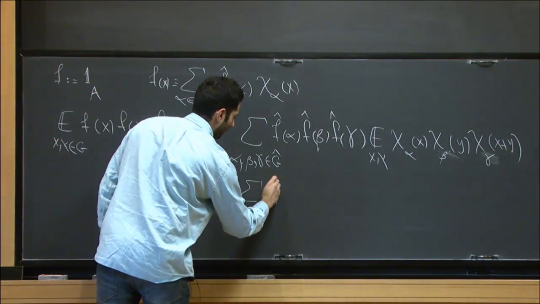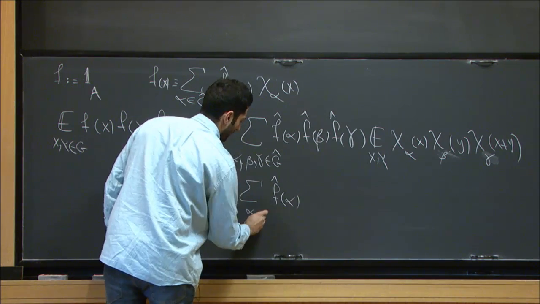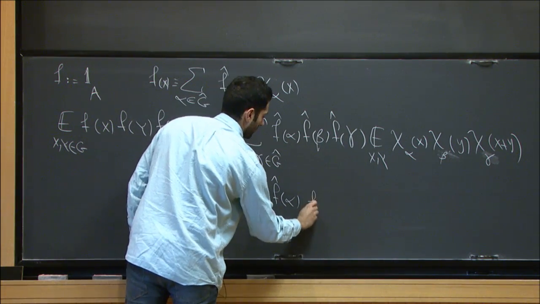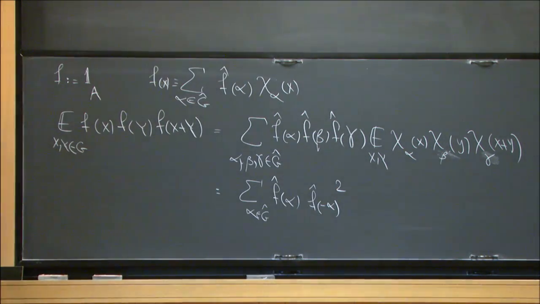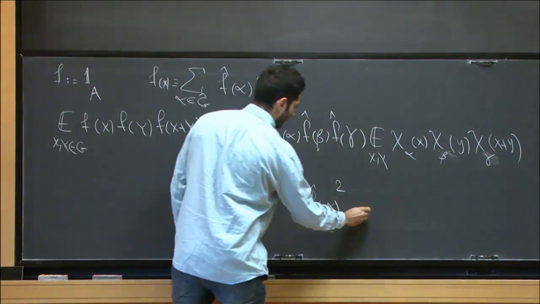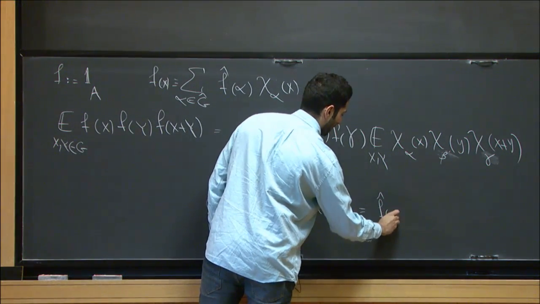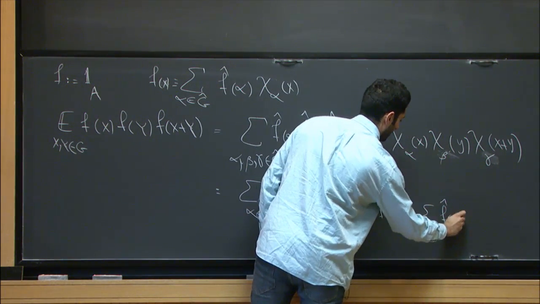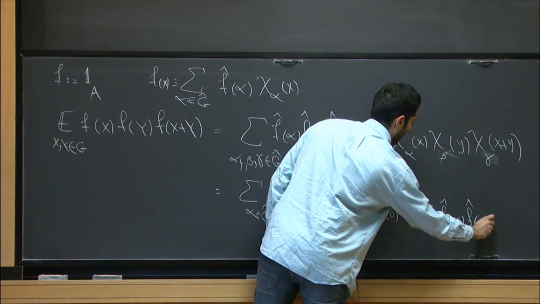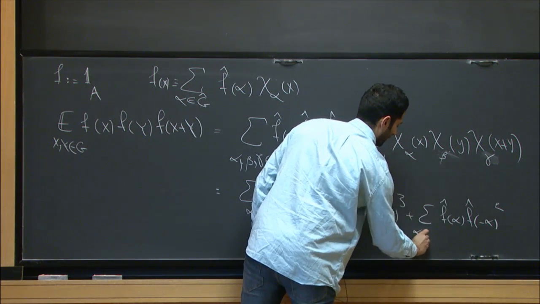So this is really the sum over alpha of f hat of alpha times f hat of alpha squared, and this can be written as f hat of 0 cubed plus the sum over the non-zero alpha of f hat of alpha cubed.